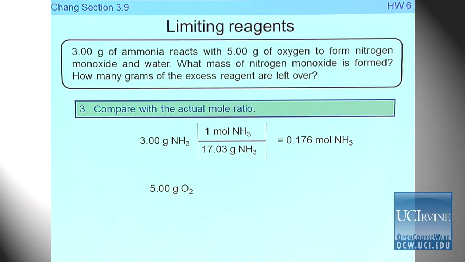Be careful here, this is O2. A lot of folks tend to forget that these are 2 oxygen atoms, so you have to multiply the molar mass of an oxygen atom by 2 to get this molar mass. I divide by the molar mass of O2, which is 32 grams per mole. So I find 0.156 moles of oxygen molecules.